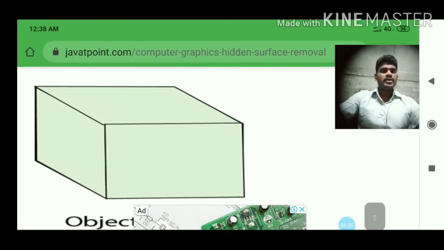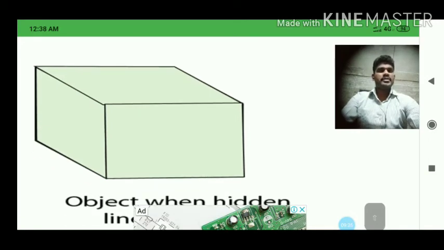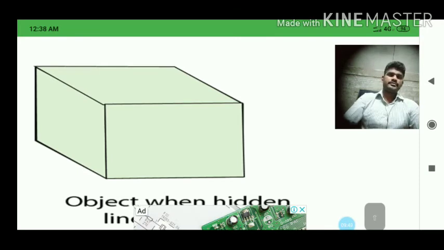Now removing the lines which are not visualized, this process is called hidden surface removal or visual surface detection.